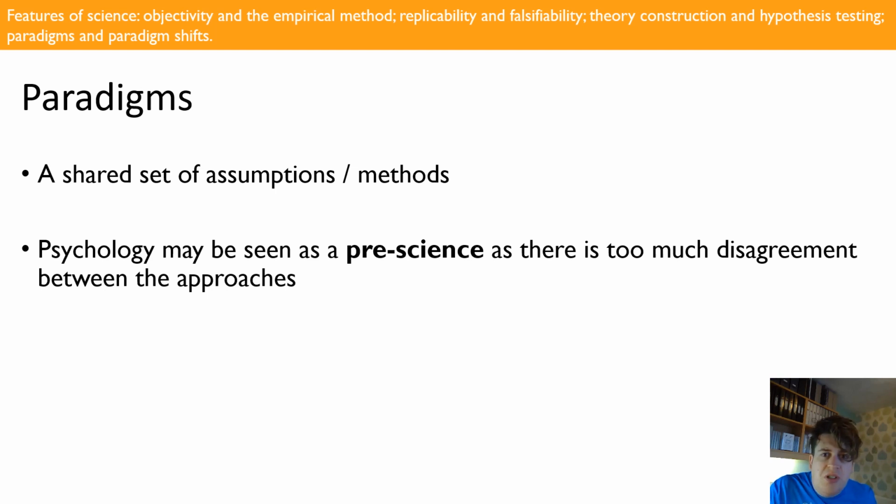There's too much disagreement between the approaches. If you think about it, a lot of our approaches argue with each other about the origins of behaviour, about how we should be studying behaviour. So in actual fact, a lot of people see psychology as being a pre-science and not a science until we actually have the shared set of assumptions between all of us.